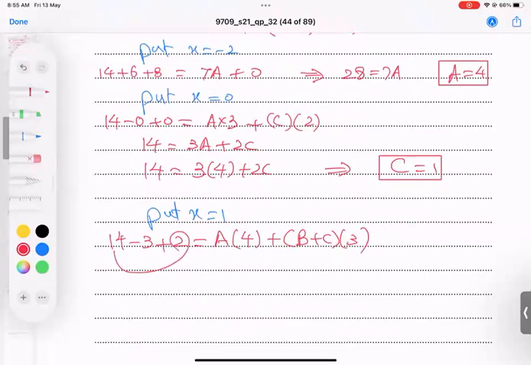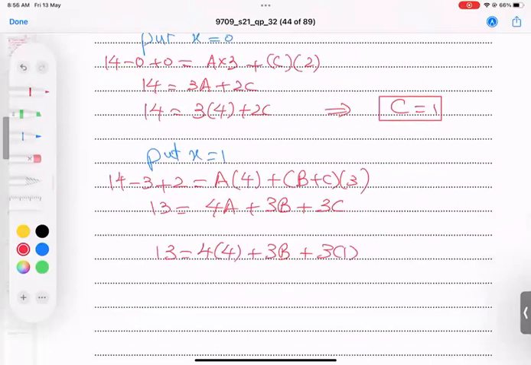So 14 plus 2, 16. I got 13 here. 4A plus 3B plus 3C. Plug in the values. A is 4. B I don't know. C is 1. So 13 minus 16 minus 3 equal to 3B.